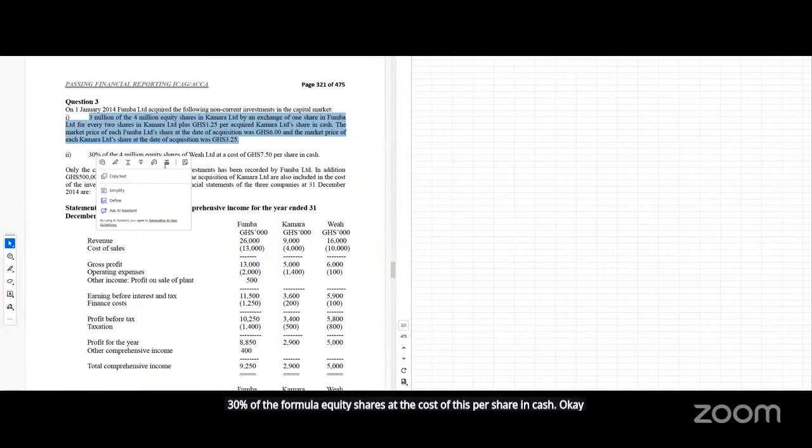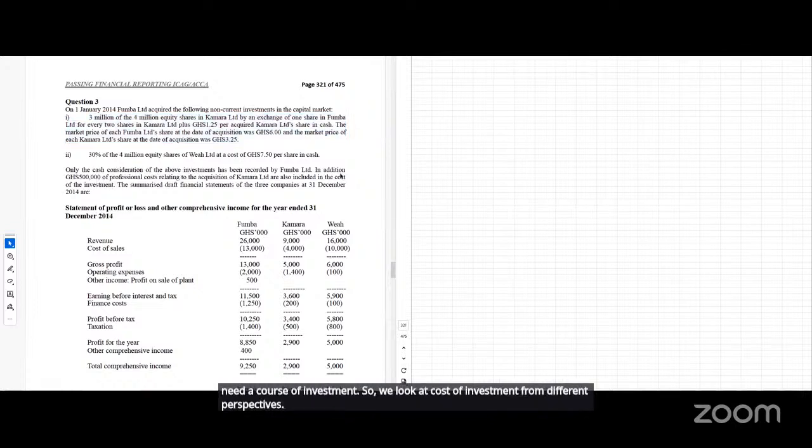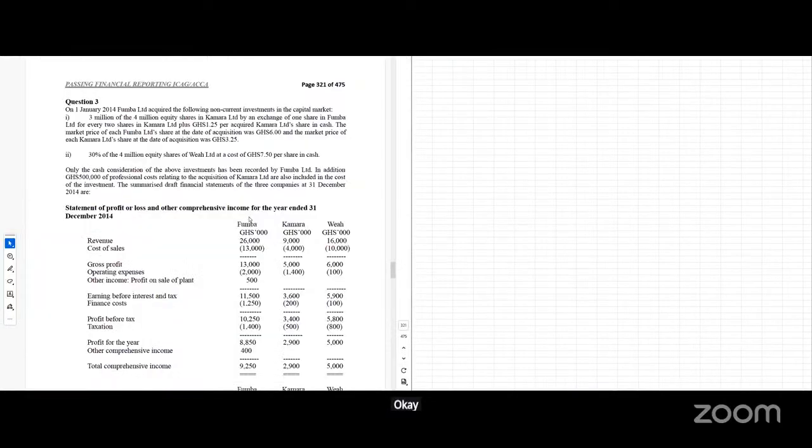Okay, so this is with an associate. We are not actually solving it. We just need the cost of investment, so we'll look at cost of investment from different perspectives. First of all, if I want to get the cost of investment for this one that we just saw, what do we have?